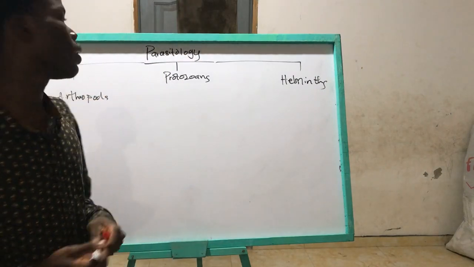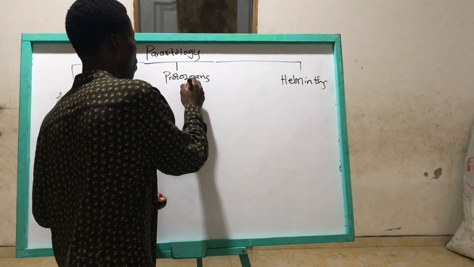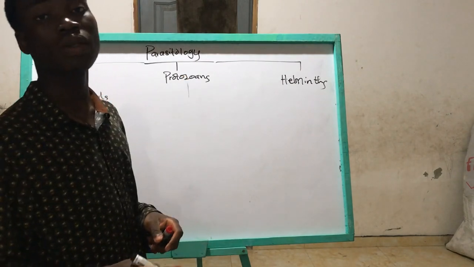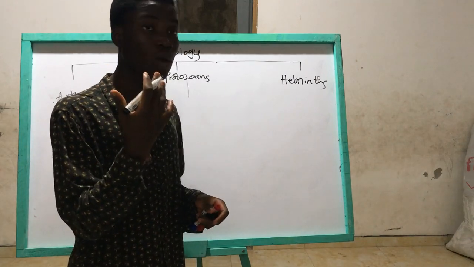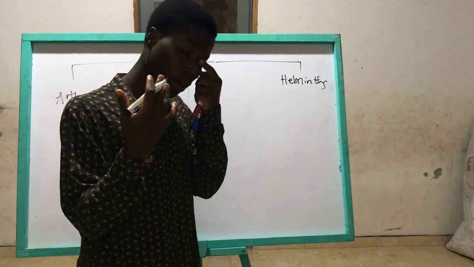Now, protozoans are actually characterized into four main categories or four main phyla.